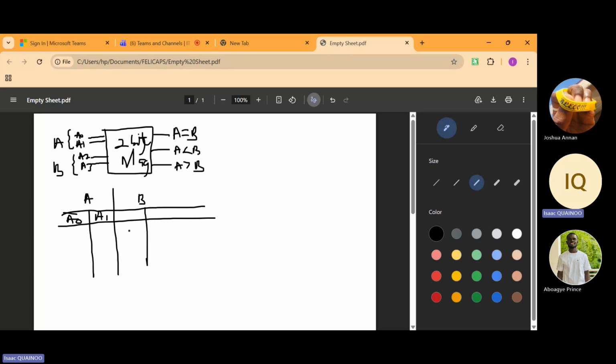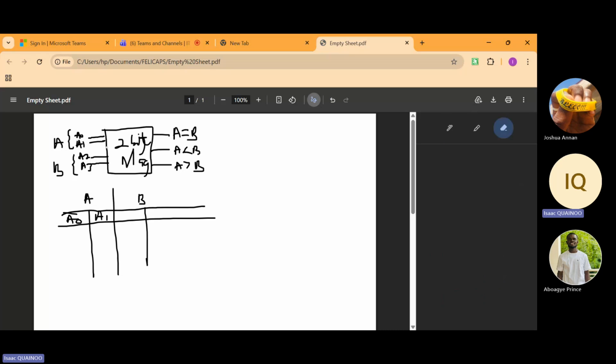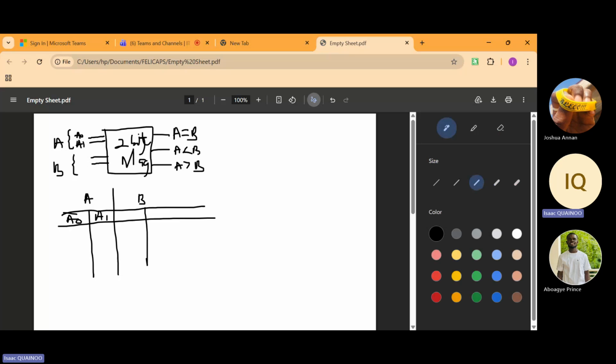Under B, please pardon me, you can use A2, A3, etc., but that will be very ambiguous and make your work harder. Since it's B, let's name these B0 and B1 instead. So here under B, you have B0, and then B1.